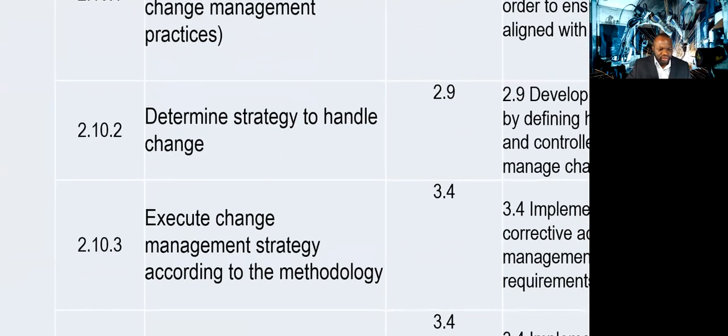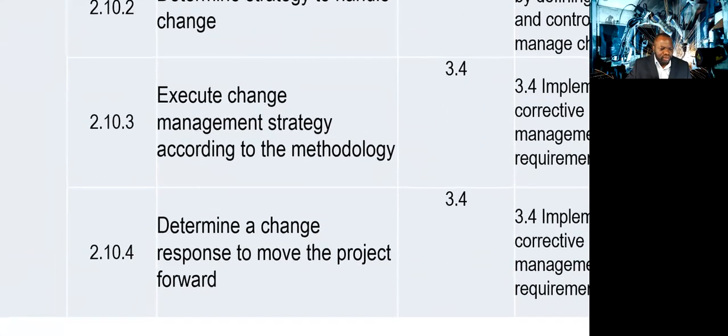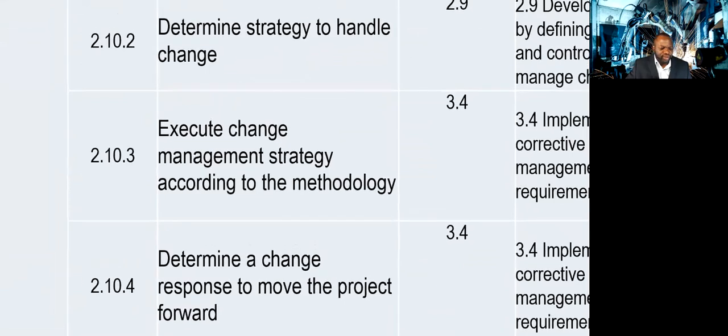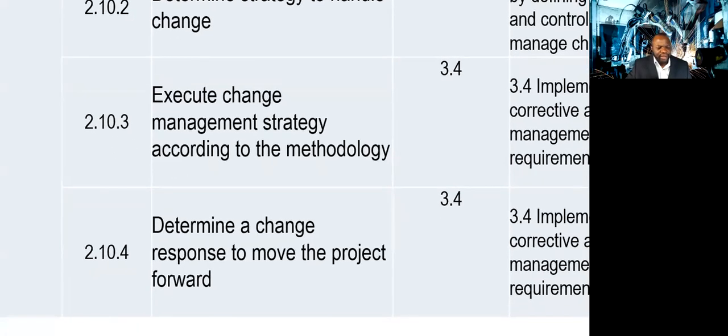Determine strategy to handle change. In other words, a change management plan. Execute change management strategy according to the methodology. Again, you got to have a strategy. You got to have a plan. Determine a change response to move the project forward.